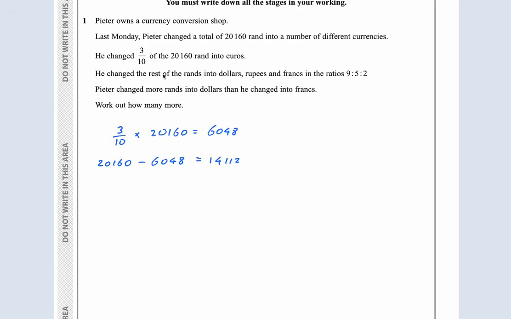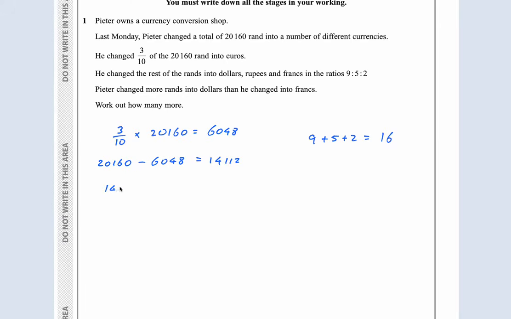As I say, you could have got 7/8 of this and then split it into this ratio. Then to split this much in this ratio, I need to do 9 plus 5 plus 2, which is 16. So I have a total of 16 parts.